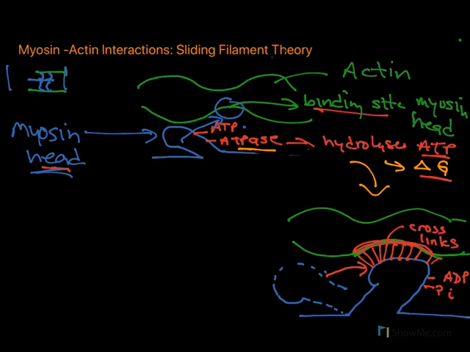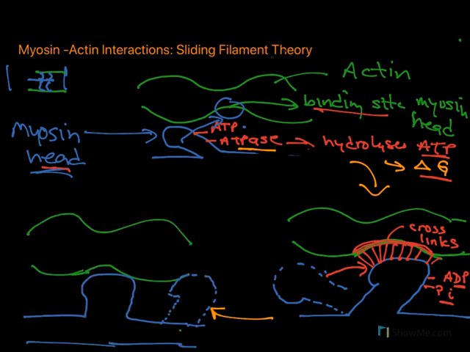And once the ATP is hydrolyzed, what's left behind is, of course, an ADP molecule and an inorganic phosphate that still remains attached to that myosin head. So now the myosin has formed these cross links, and it is now bonded. It's attached to its binding site on actin.